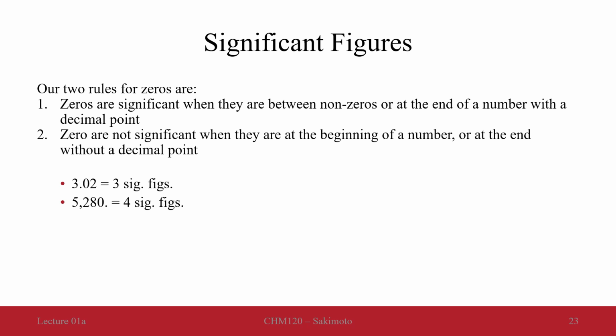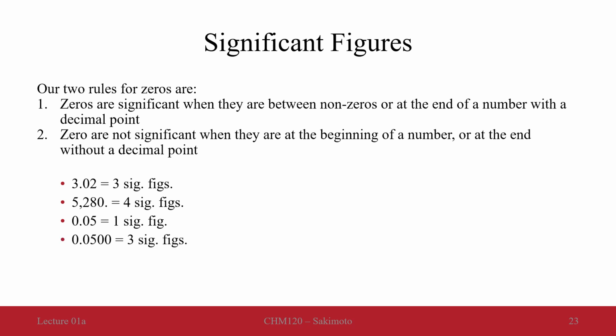Zeros are not significant if they're at the beginning of a number, just as we saw previously with 1 gram to 0.001 kilograms, or if they're at the end of the number without a decimal point. Again, if we see 0.05, the zeros before the 5 are not significant, so this only has one significant figure, one number that was measured or estimated.